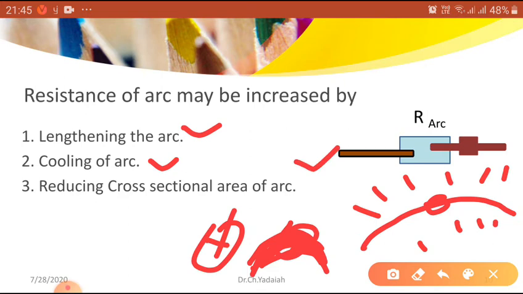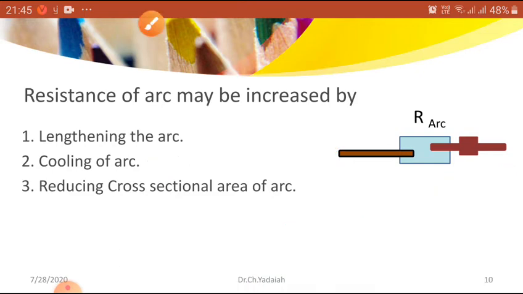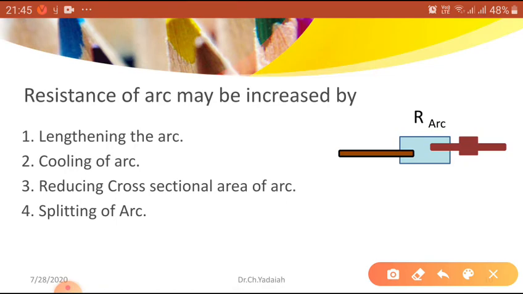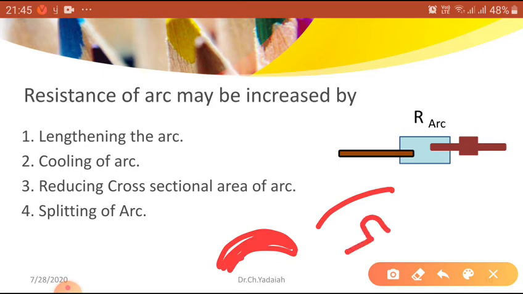Next, instead of this straight arc, another method is splitting of the arc. Now instead of placing the arc here, it is lengthened, and not only lengthened, you are also going to split it. What is happening? Now it is lengthened and split.